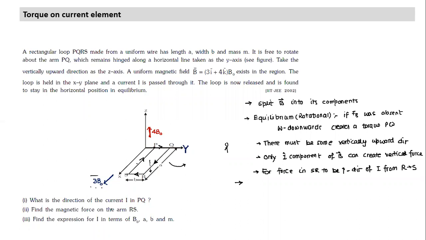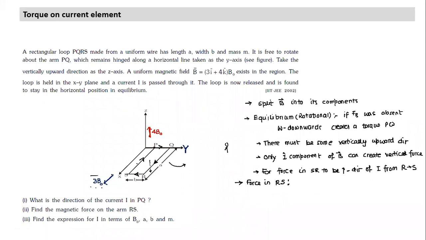What is the magnetic force in arm RS? How do I find the force in arm RS? What condition will I use to find it? What forces will act in RS?